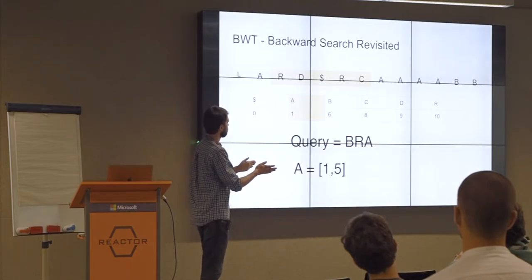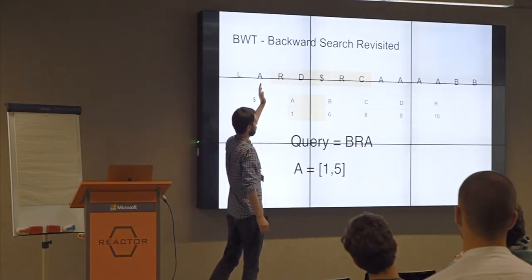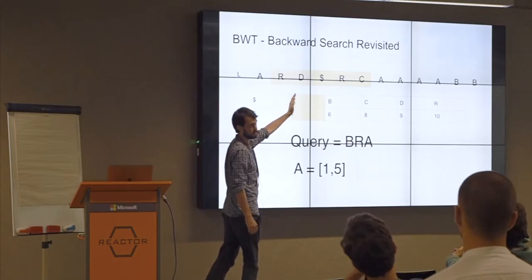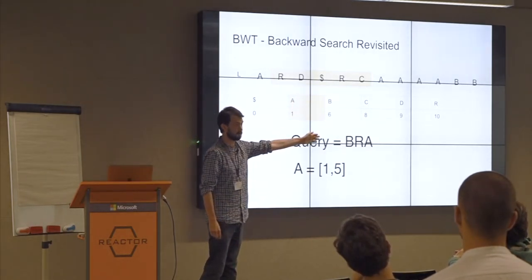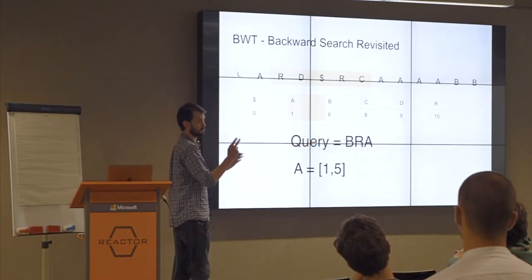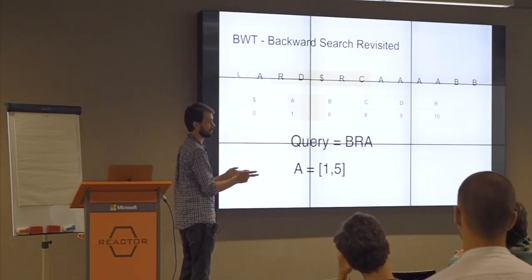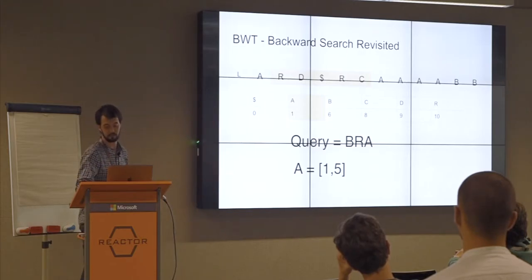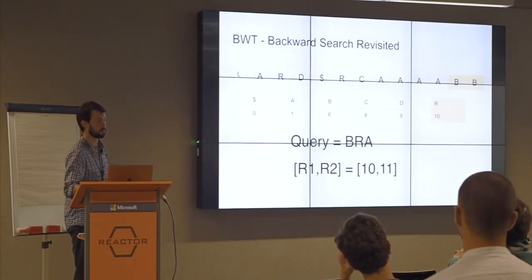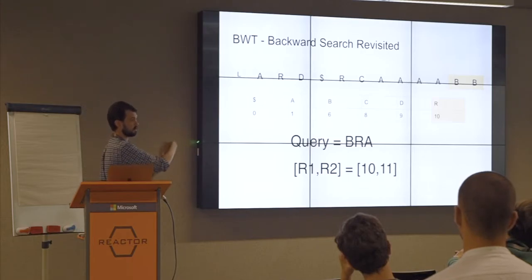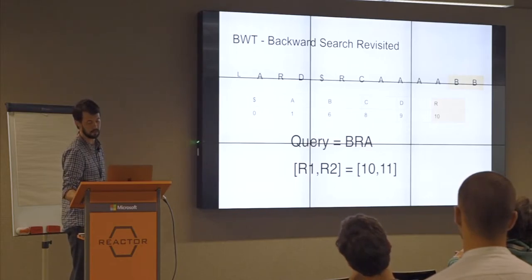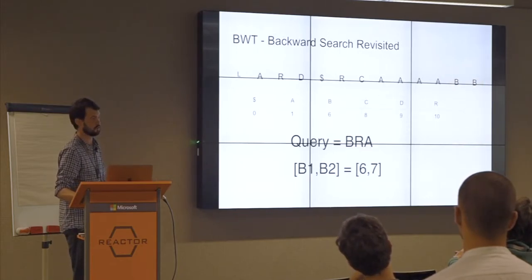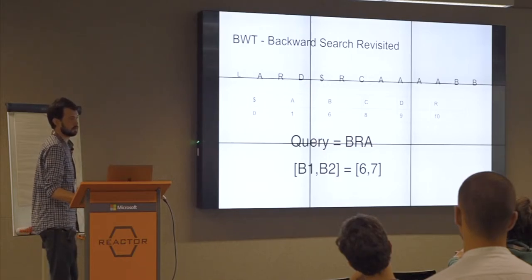Because we're trying to find bra, we find the rank of the first R and the second R, right? Then we go into the F array, and we try and find the R's with the same rank in there, and they then point us up to B, the character before R that we're interested in. And we can see then that there are two occurrences of B, and they occur at positions 6 and 7 in F. Do you follow now?